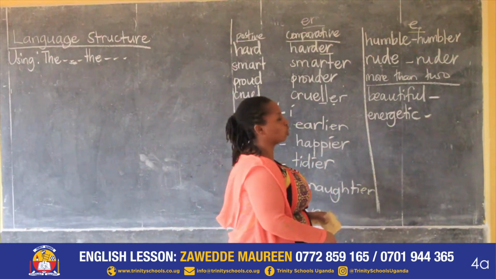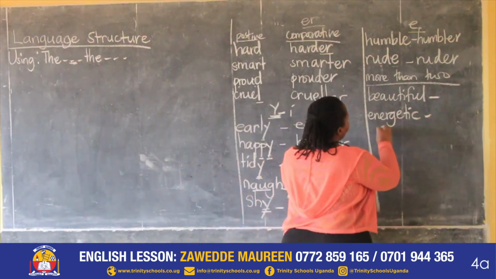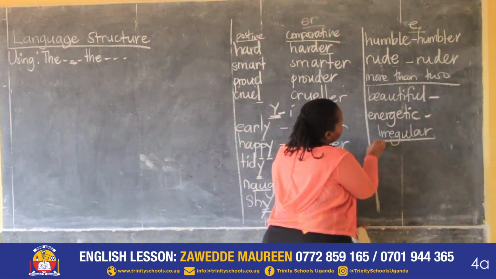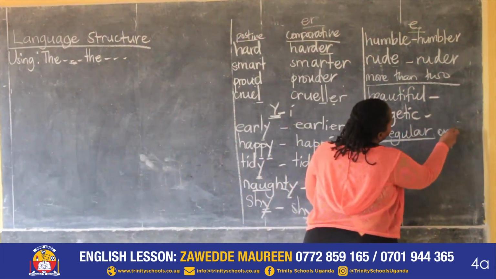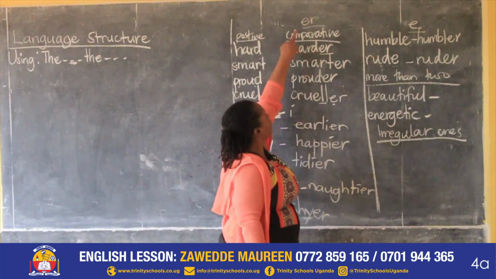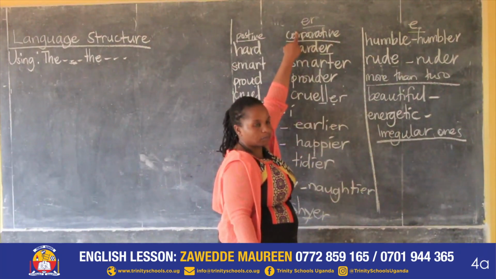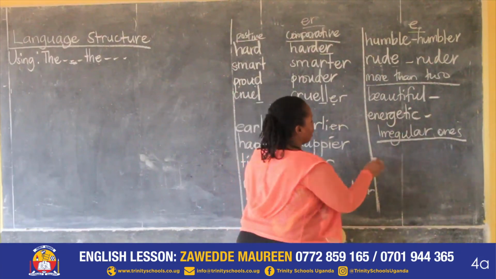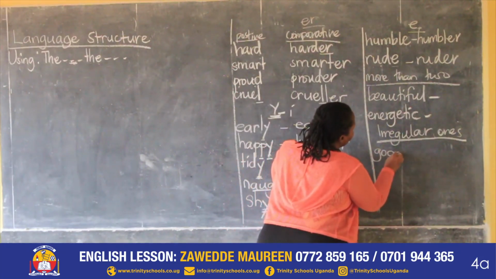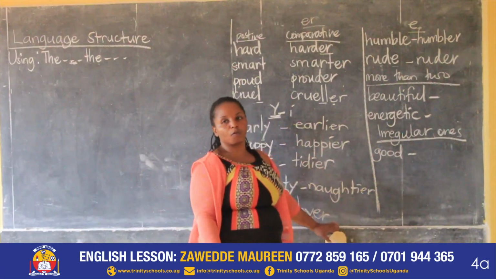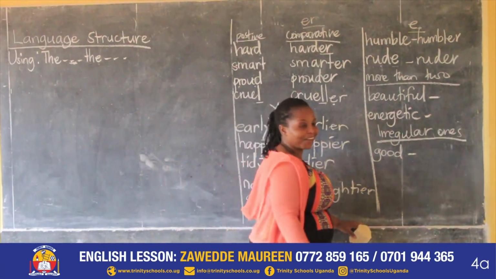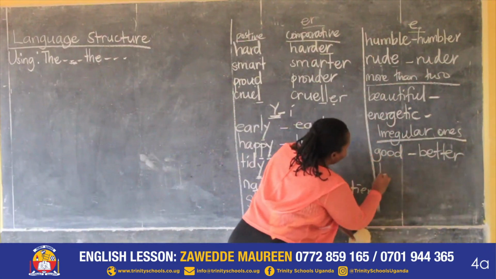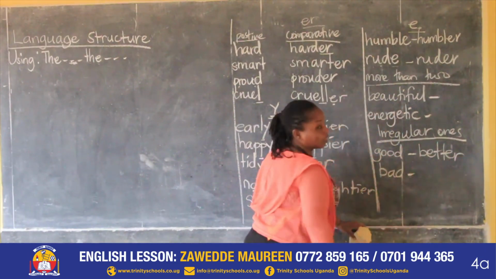Then we have some which have an irregular change. By being irregular, for them you don't add ER. They change in their own ways. They don't have a uniform way. One example is good. The comparative of good is better. The comparative of bad is worse.